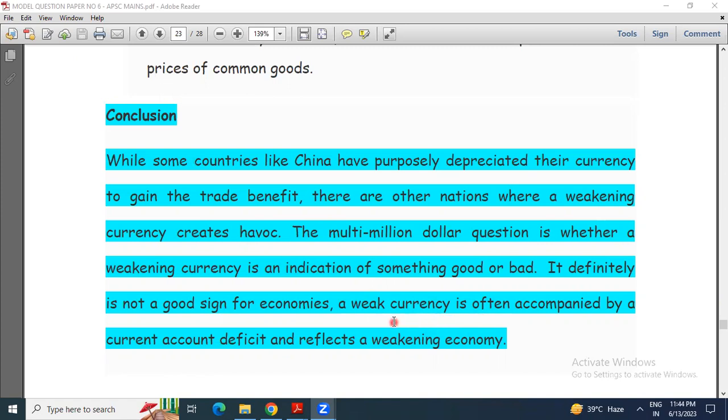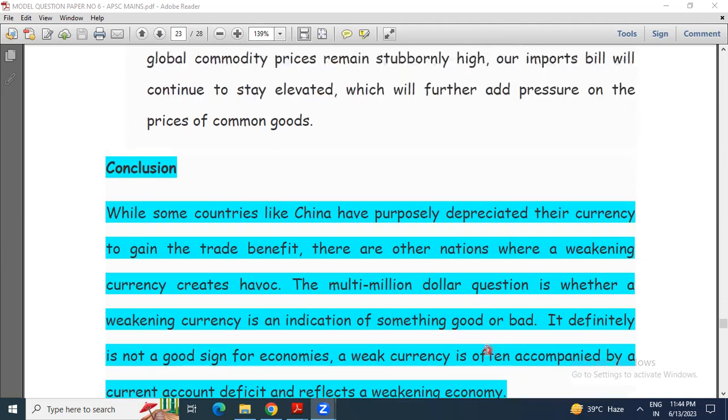For a country like us, a weak currency can only have a negative impact. So we should not take a weakening currency as a good sign for the economy.